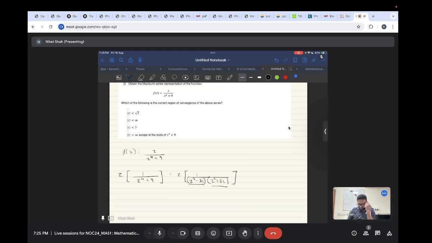So now what can we do? z square minus 3i, so 1 by z square plus 3i.